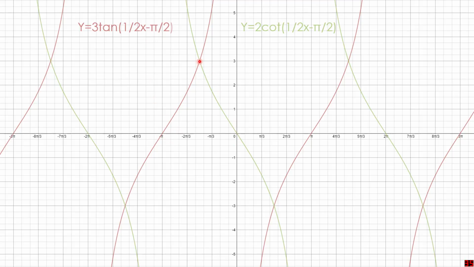Notice how their asymptotes cross right here. So it's pretty similar in that you just graph the original function here, and then you move it a period apart, and then just graph the inverse function. Now notice how the original function here goes from the bottom up, and it's always traveling in a positive direction. If you're going from left to right and it's going up, then it means it's in a positive direction.